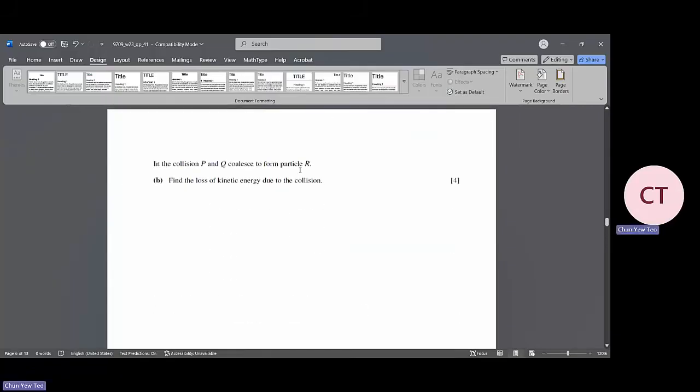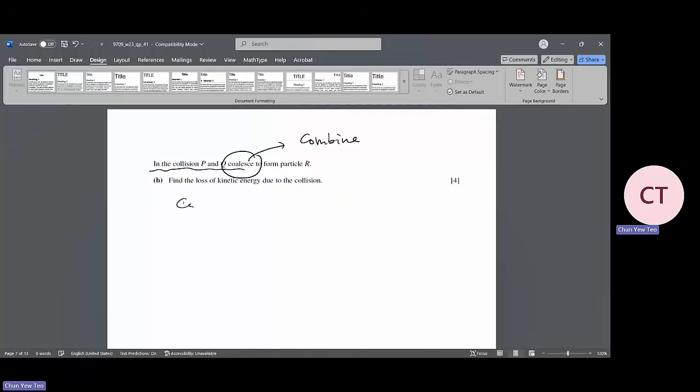So now the collision happens over here. After they collide, they coalesce. Coalesce means they combine together and become R. So P and Q after colliding become R. And then we want to find the KE loss.